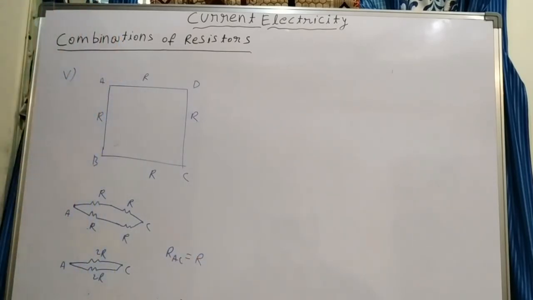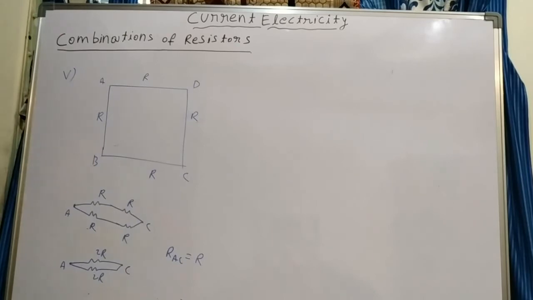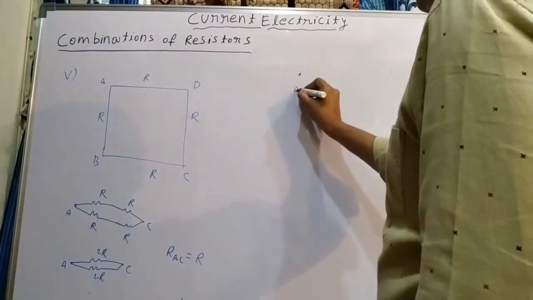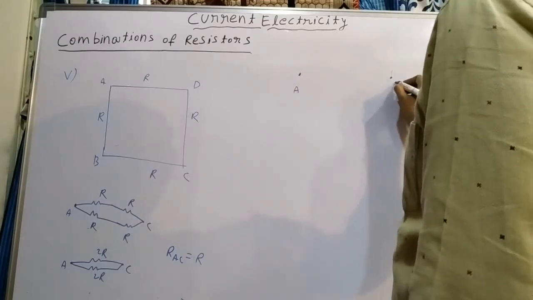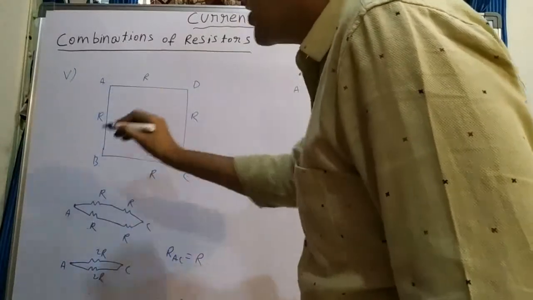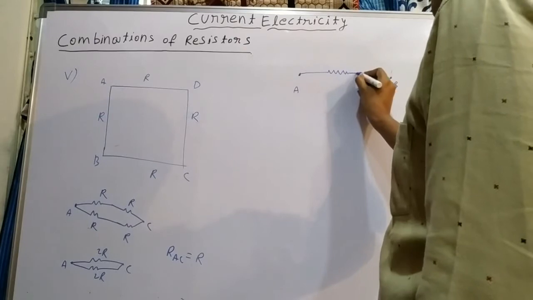Suppose in this case they ask about the resistance across AB. Between A and B, one direct resistance is there, like this.